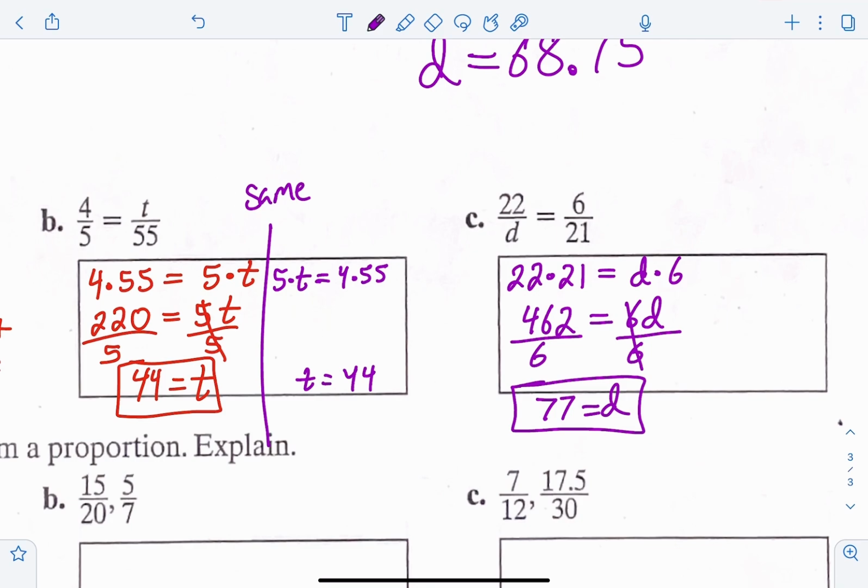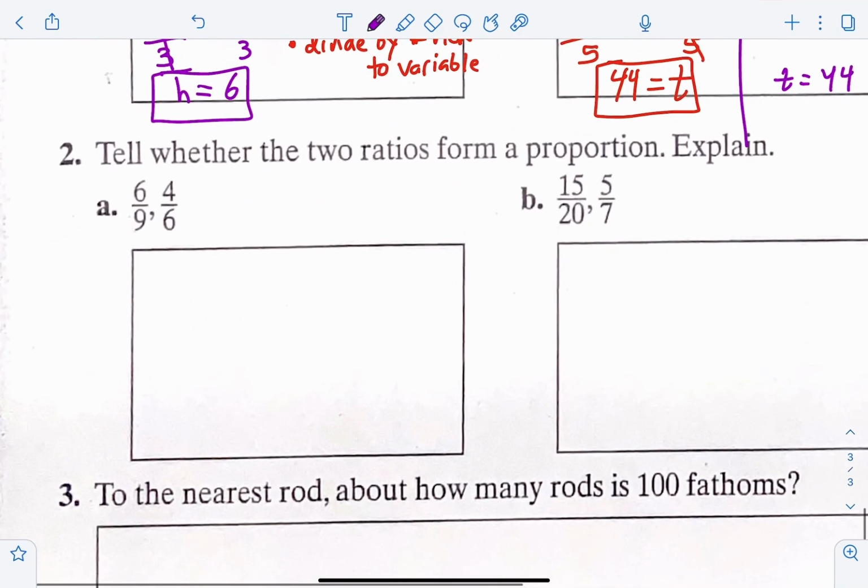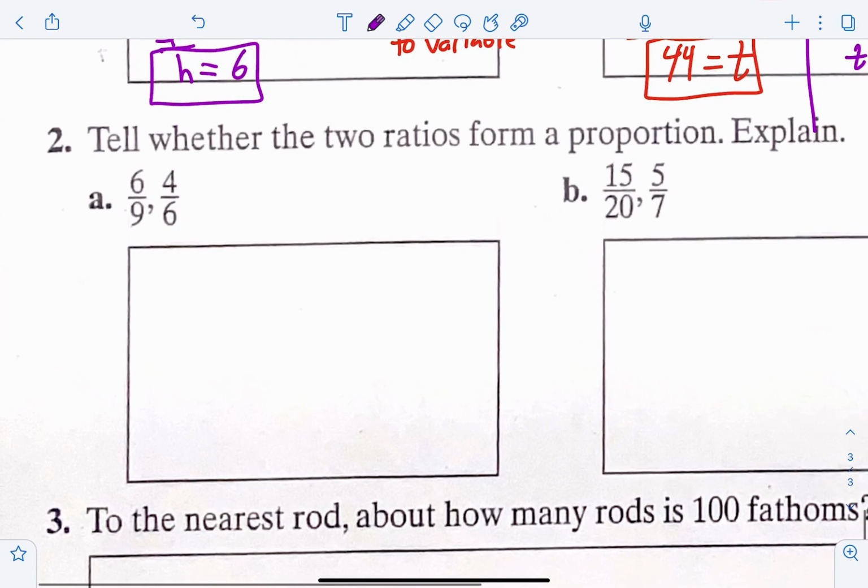All right. So let's do A together. Tell whether the two ratios form a proportion and then explain. So we have 6 over 9 and 4 over 6. So we're going to start with our cross products, and we're going to say 6 times 6, question mark, equal, because we don't know yet, 9 times 4.